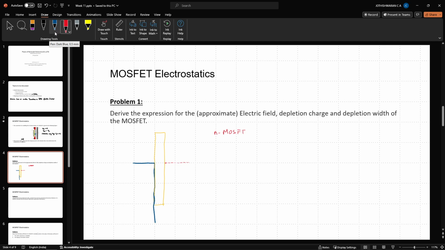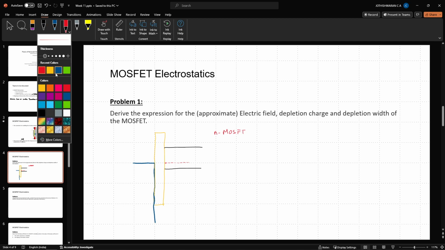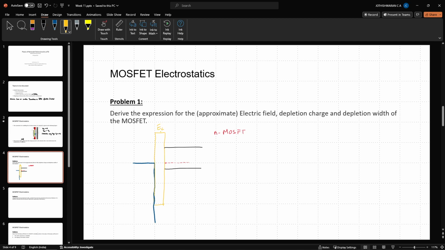So I'm going to have the valence band over here and the conduction band slightly above, and this is the conduction band EC of the insulator, and this is EV of the insulator.